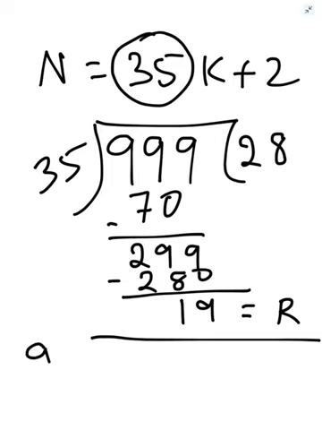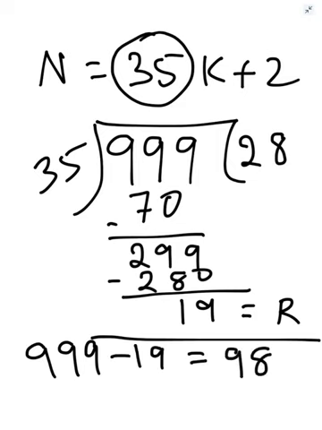So what I will do? I will subtract 19 from 999. So that is 980. So 980 is the multiple of 35. We can see 35 into 28, 980. So this is the highest 3-digit multiple of 35.